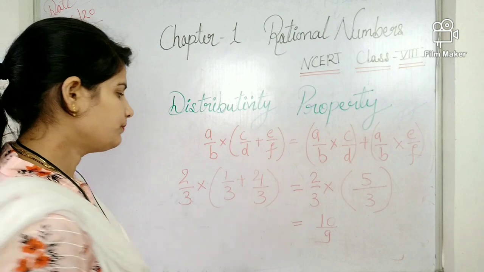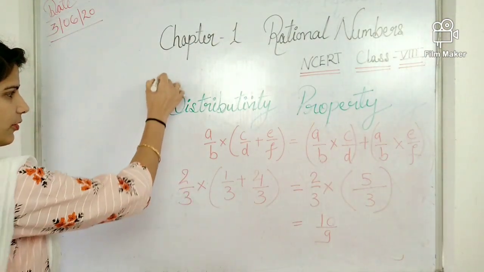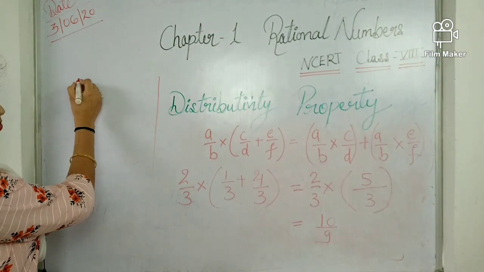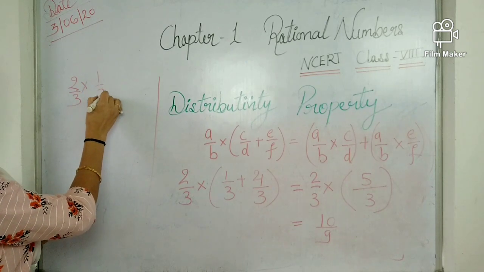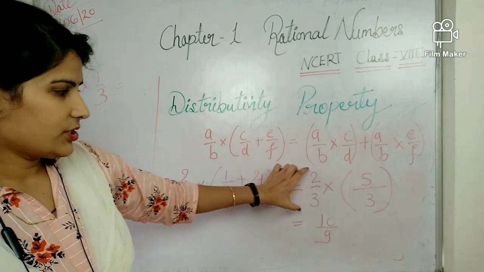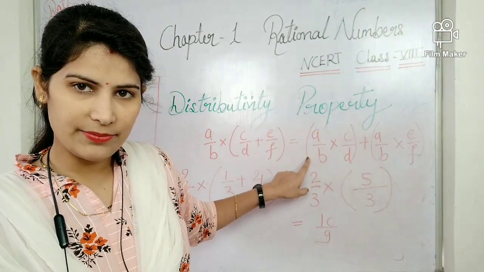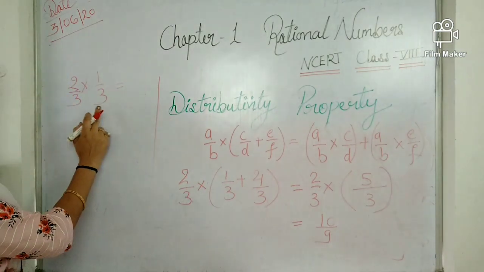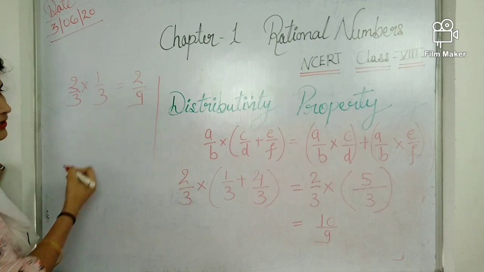Okay, so now take the separate form like this. Separate 2 upon 3 multiply 1 upon 3, that is A by B into C upon D. We write separately: 2 ones are 2, 3 threes are 9.